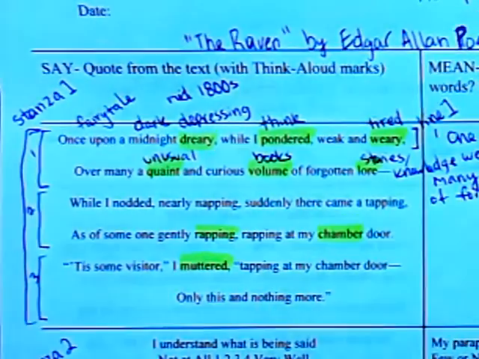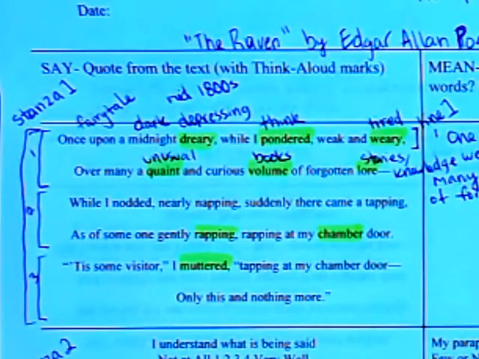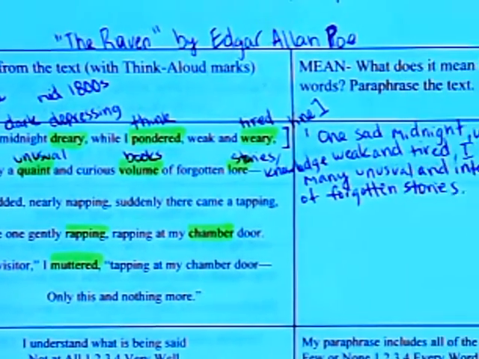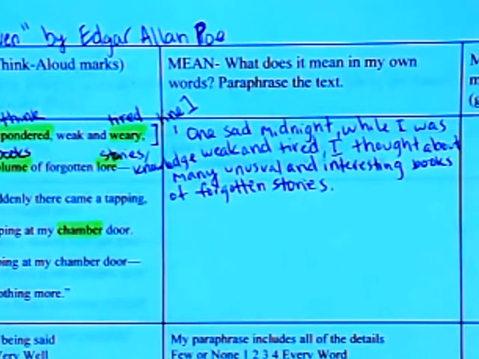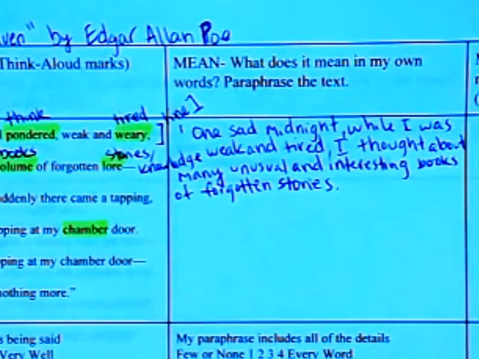So that's what I'm going to put for number 1. Now I'll move over so you can see what I just spent all that time writing. So I'll read it one more time for you. It says, "One sad midnight, while I was weak and tired, I thought about many unusual and interesting books of forgotten stories."